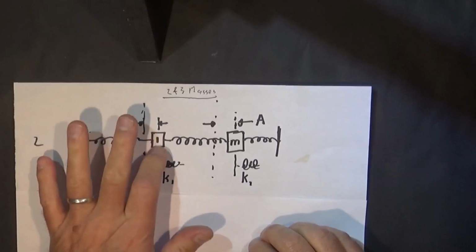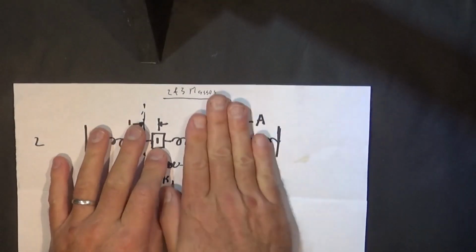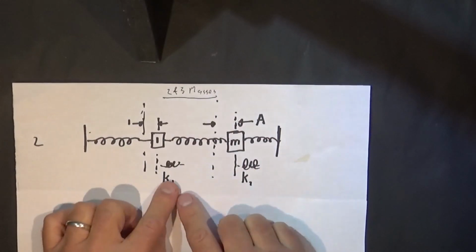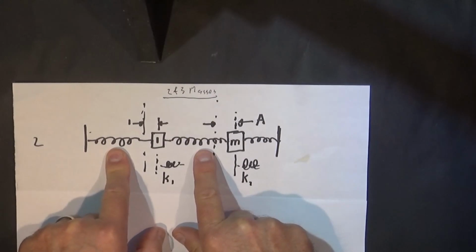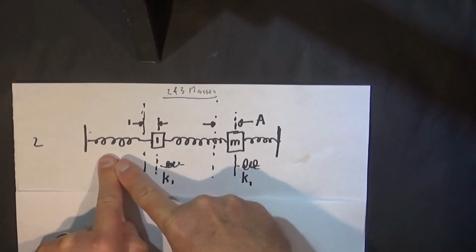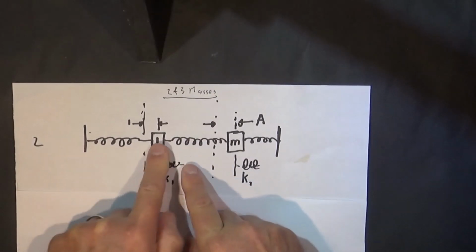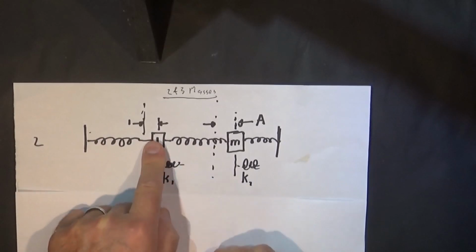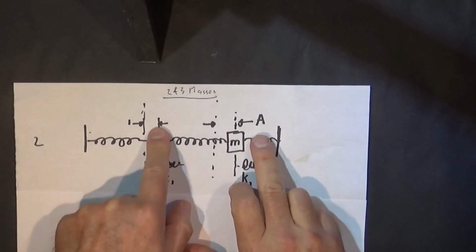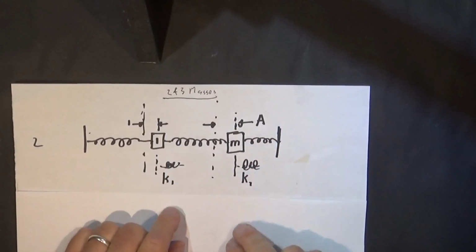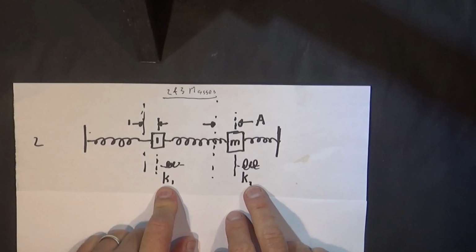For the case of one mass where we fixed one end, the effective spring constant was 2K, because both springs were pulling the mass back towards its 0 point. In this case, obviously, because that's A1 and that's A, these two K's will be different.